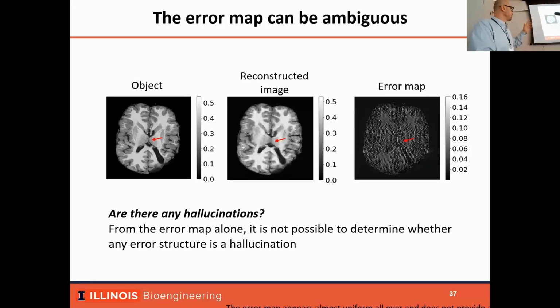But the error map is filled with all types of structures, and it's really hard to tell whether this error in the middle was a hallucination or whether it was an artifact coming from some other cause, for example, from data noise. So if we want to be unambiguous, and if we really want to identify hallucinations that are attributable to the prior, because we really want to understand whether the learned information is hurting or helping me, then this might not be good enough.